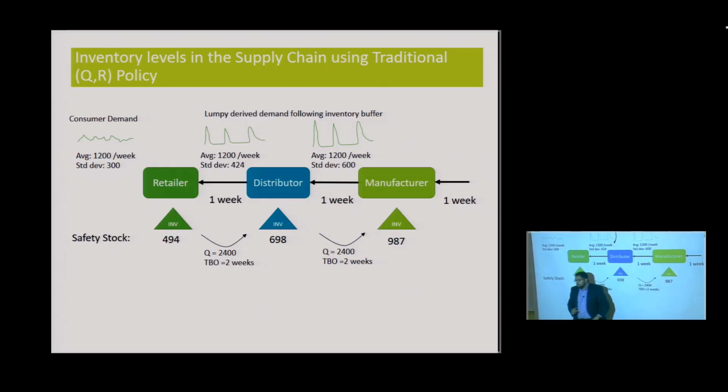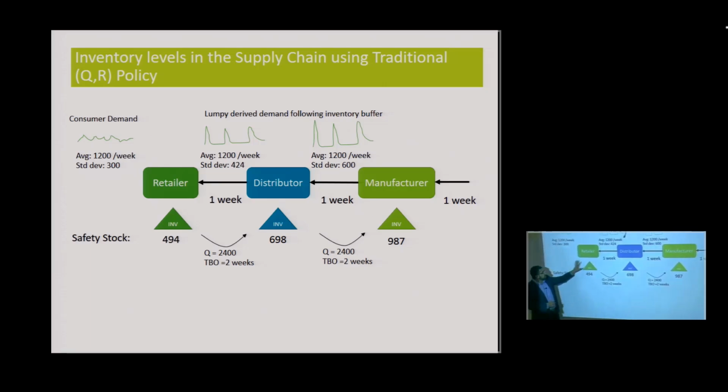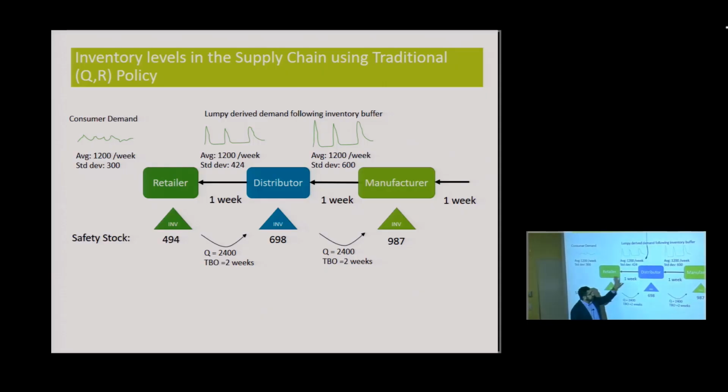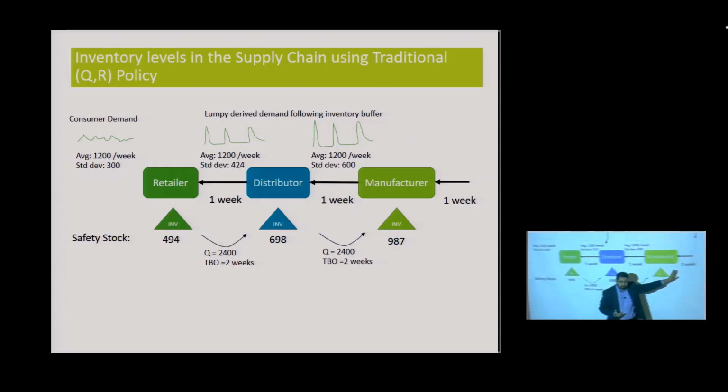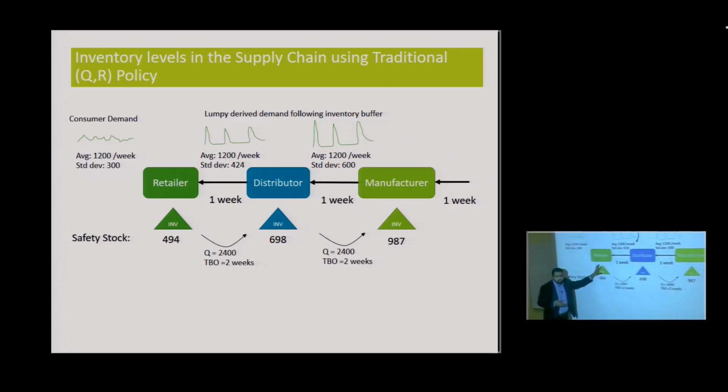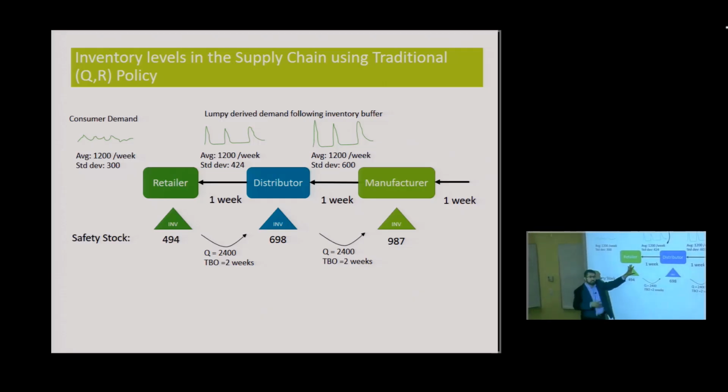So what happens is, if all of these people manage inventory themselves using a QR system or a PT system, whatever inventory management system they have, because this variability is increasing, the inventories will increase along the supply chain. And if each person does excellent inventory management using the operations management formulas that we reviewed the week before, you'll have too much inventory in the supply chain.